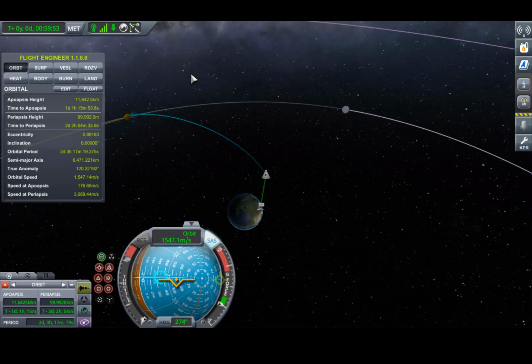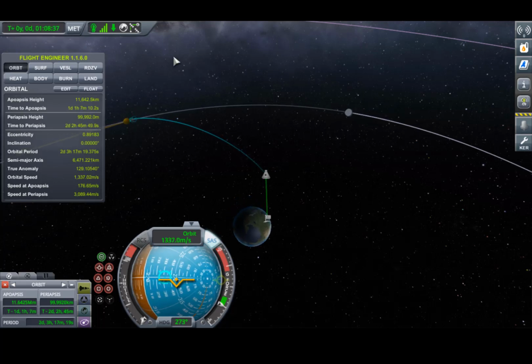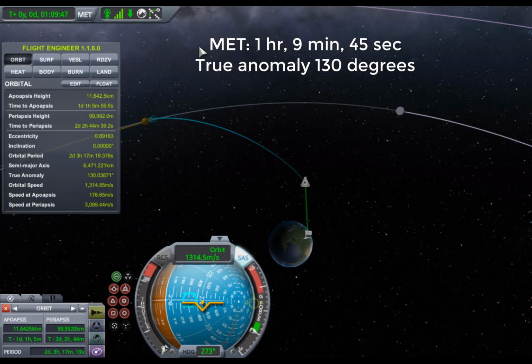Now we wait until the true anomaly reaches 130 degrees and record the time to start that second interval. That was it. At 1 hour, 9 minutes, 45 seconds, true anomaly at 130 degrees.